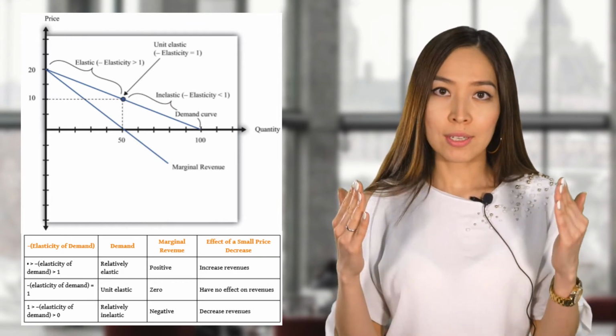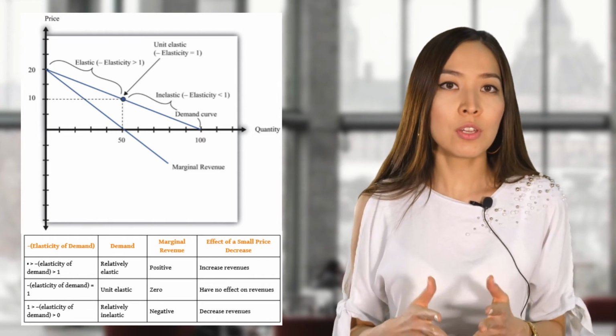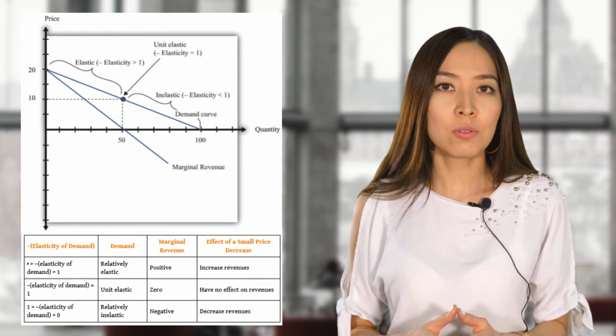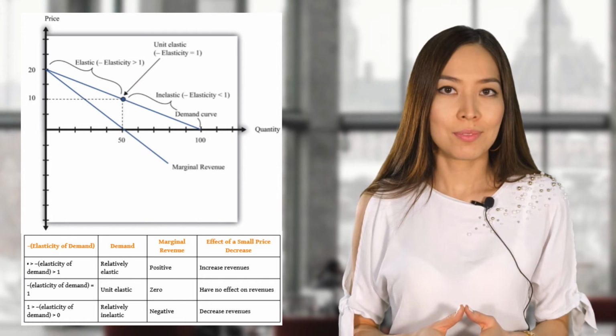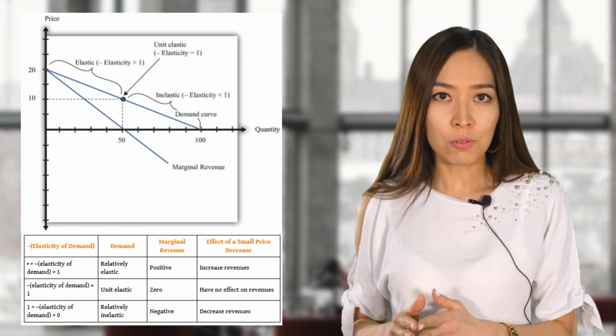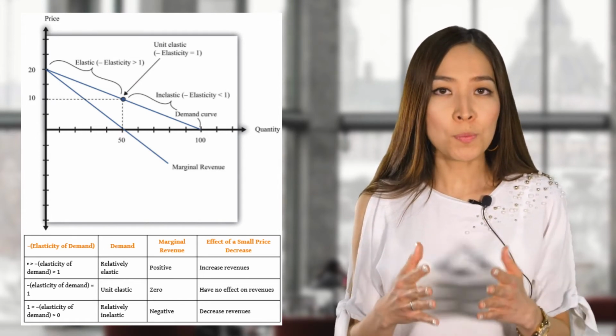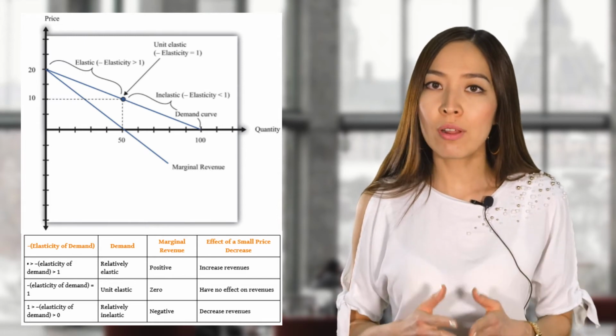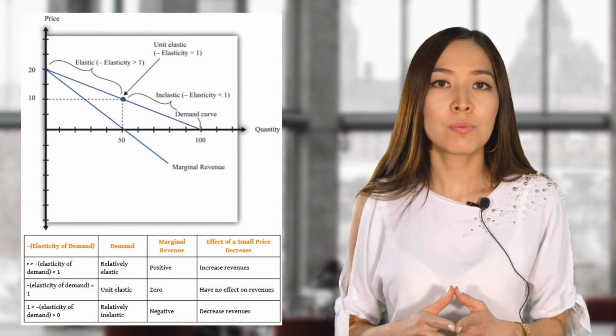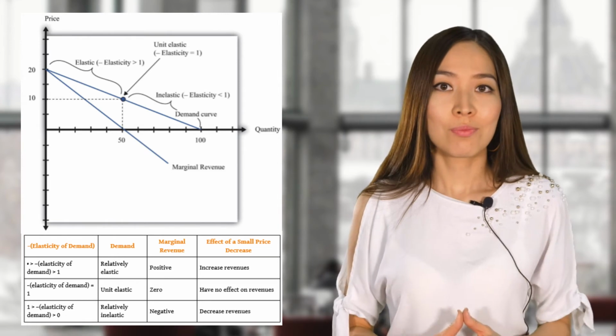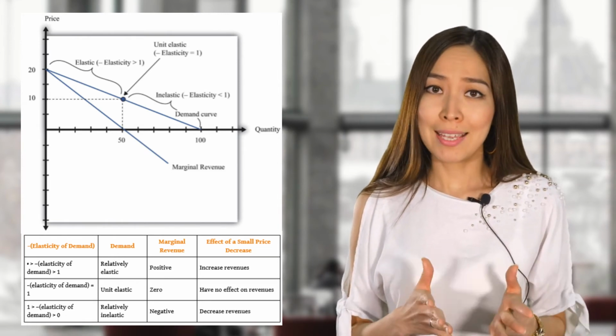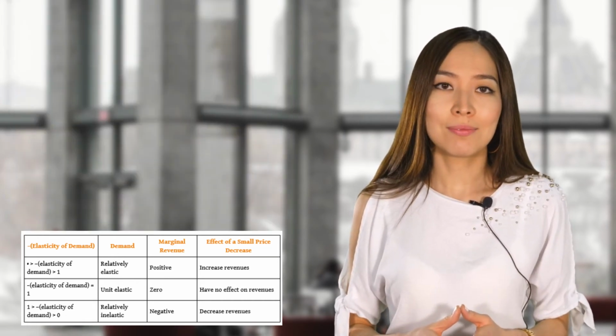At a larger quantity and a lower price, marginal revenue is negative, and the demand curve is inelastic. And the point along the demand curve has optimal price and optimal quantity at which marginal revenue reaches its maximum of 0. In this case, demand curve is unit elastic.